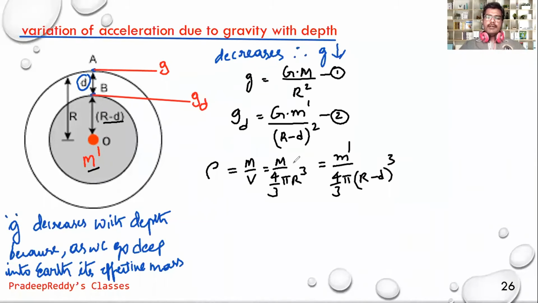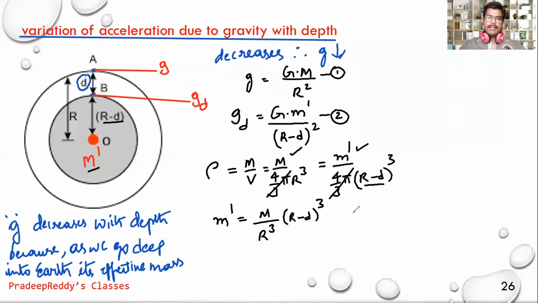Therefore, for the total earth mass, it is M divided by 4 by 3 pi R cube, and for the effective mass, it is M dash divided by 4 by 3 pi into its effective radius, R minus d. 4 by 3 pi, 4 by 3 pi gets cancelled. So M dash can be written as capital M divided by R cube into (R minus d) whole cube.